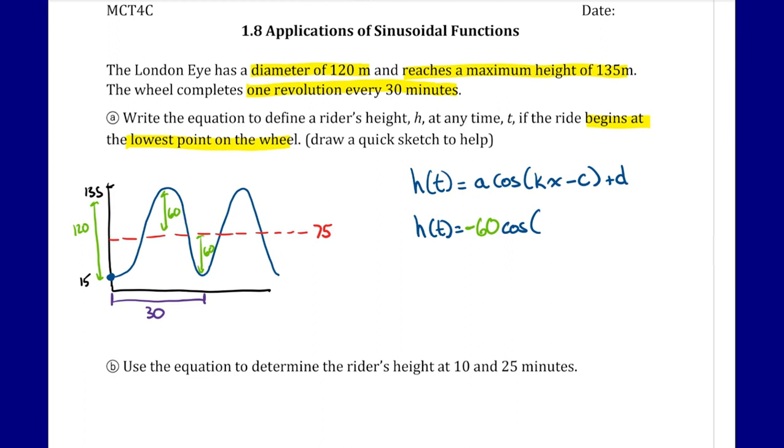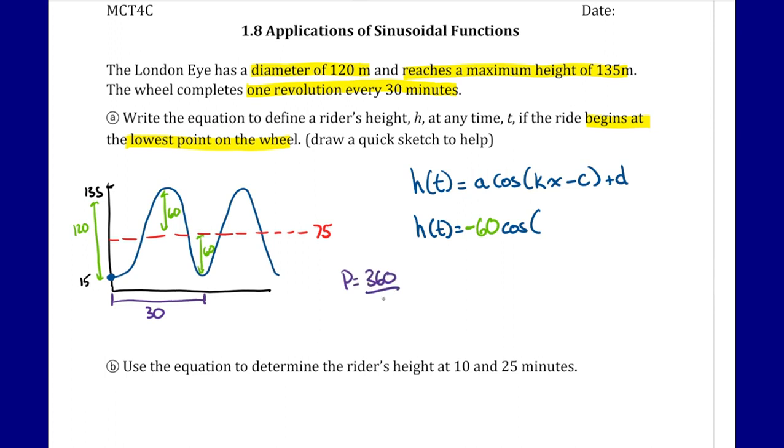Now k, do I have a k value? I do. And I do have a k value because the entire cycle takes less than 360 degrees. So that means there's something that's compressing my graph horizontally. To figure out that k value, I can use the formula that we've looked at before.